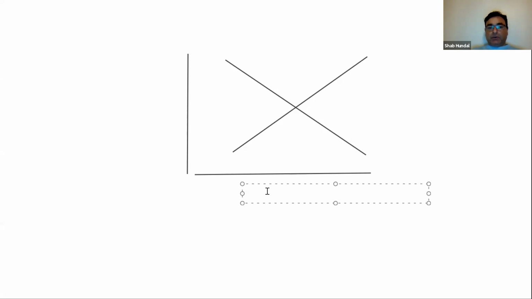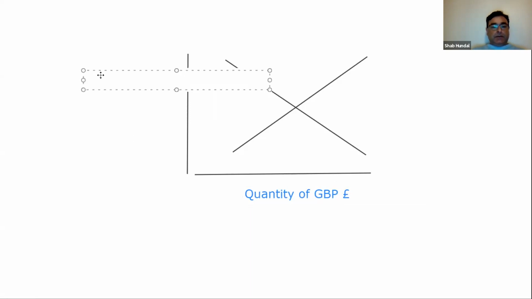Let's say we talk about the quantity of GBP, the Great Britain pound. And I think if the sign is like this, I guess. Oh no, this is euro. And then I want to give you one more text here. And here I want to determine the exchange rate.